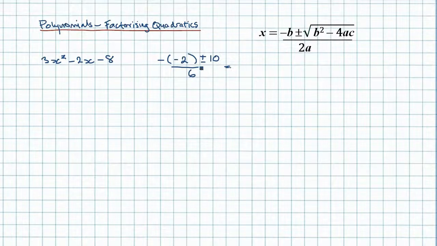And if we work this out, we've got 2 plus or minus 10. So 2 plus 10 over 6, or 2 minus 10 divided by 6. And that's going to give us, well, 2 plus 10 is 12, divided by 6 is 2, or we've got 2 minus 10, so that's minus 8 over 6, which is negative 4/3.